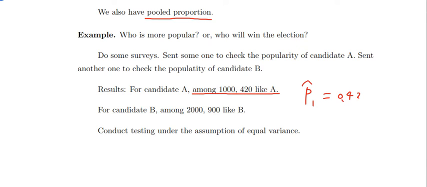For B, we check 2,000 people and find 900 like B, so we find p2 hat is 45%.